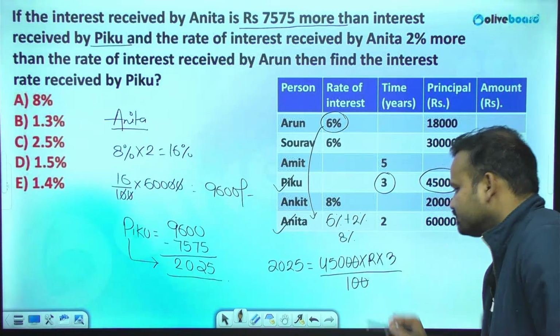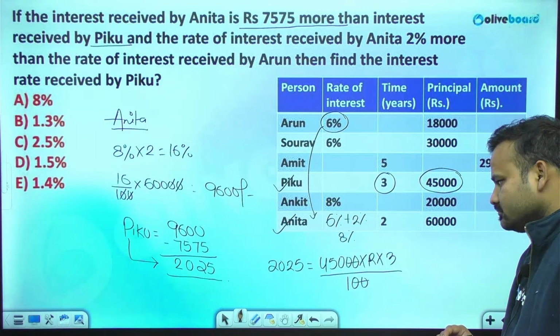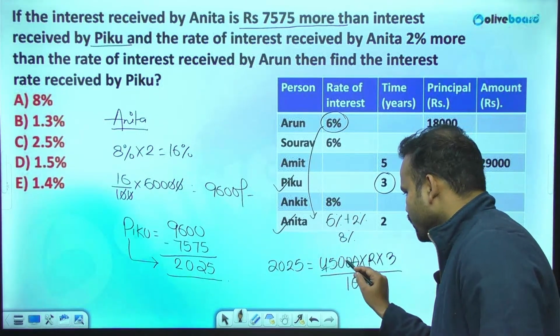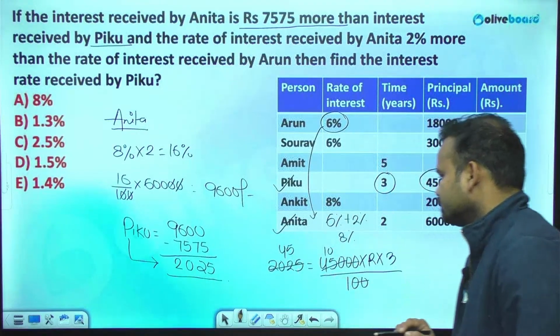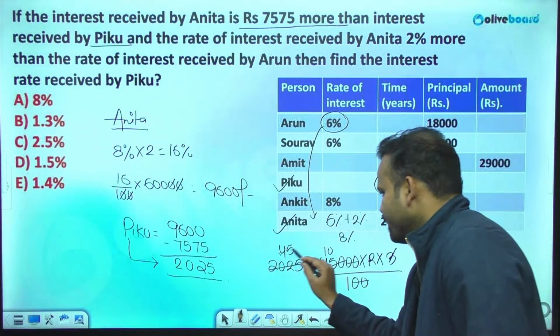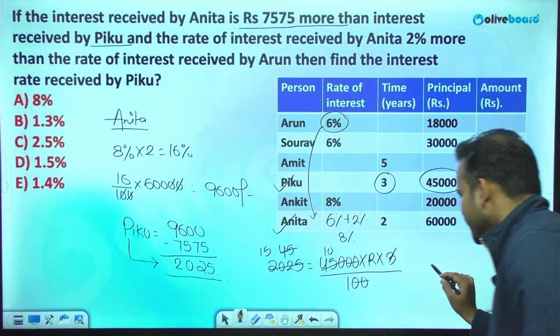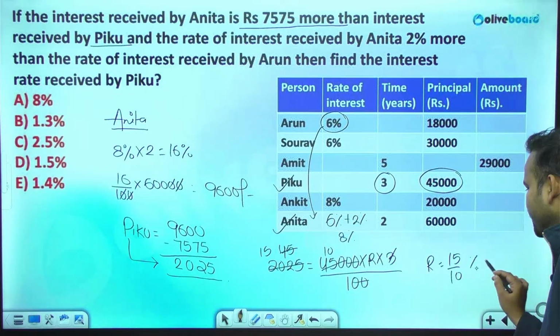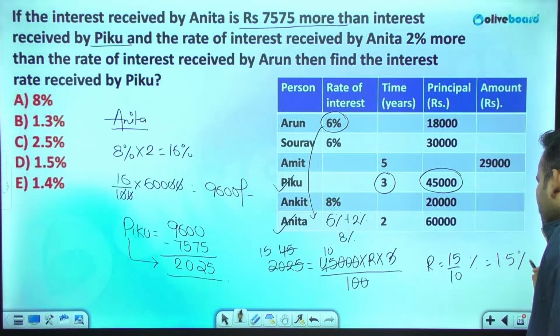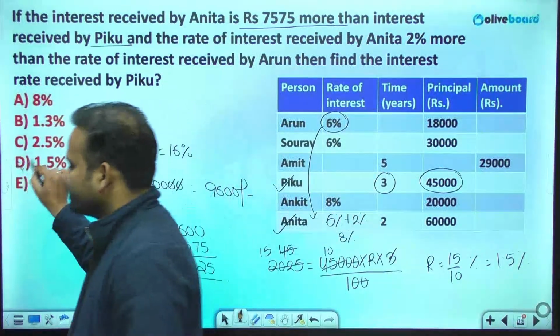Third, khatam. This is 45 square, so 45 times of 10, and this is 45 times of 45. This is 3 times of 15. So hence the rate of interest is 15 by 10%, and 15 by 10% is nothing but 1.5%. So 1.5% is the rate of interest for Piku.